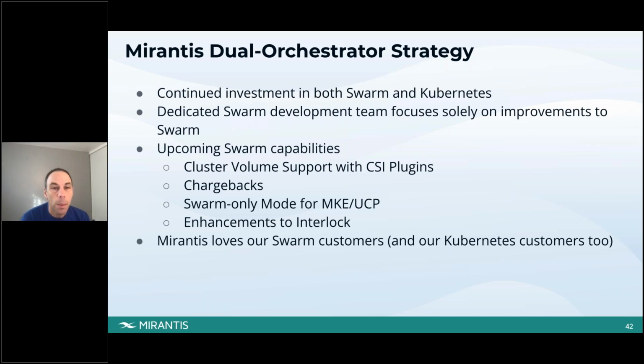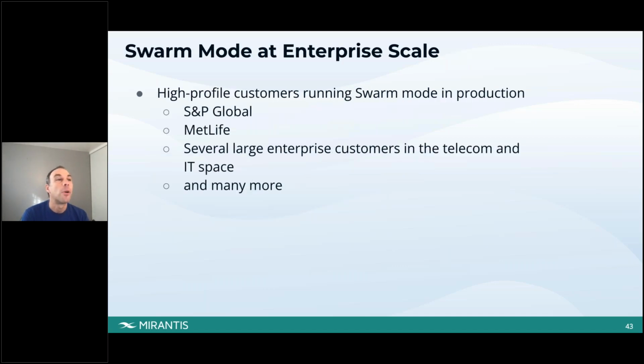Lastly, I want to talk a little bit about, as I promised, a number of high-profile customers running Swarm at scale and in production. For instance, S&P Global is running it. MetLife is running Swarm. We also have several others in IT and the telecom space, including Splunk, HPE, and T-Mobile, and many, many more.